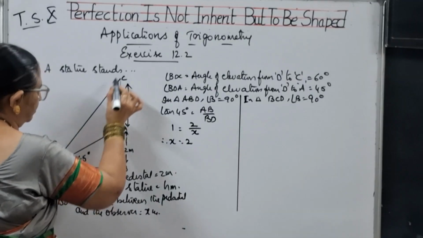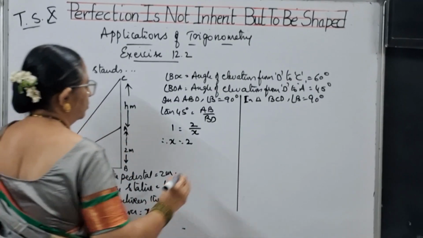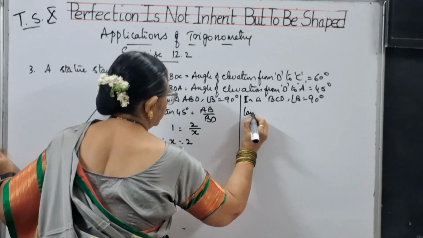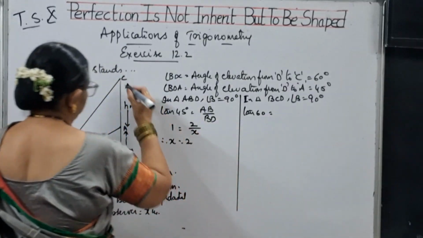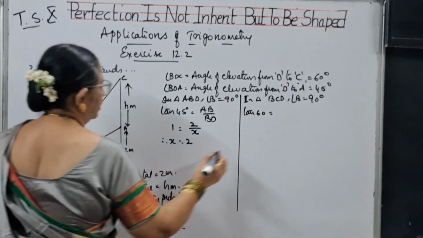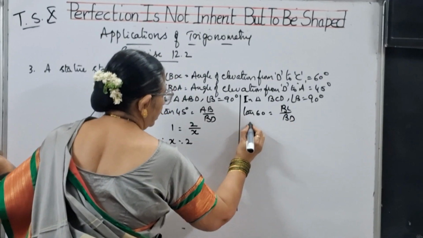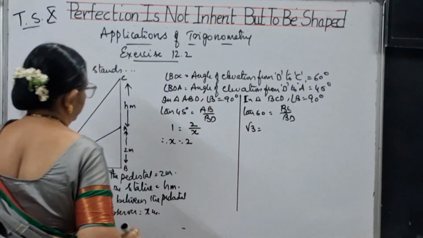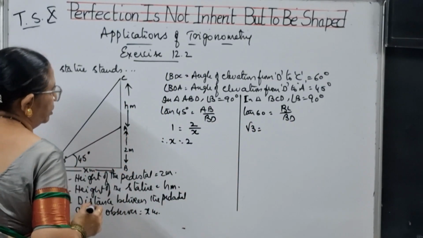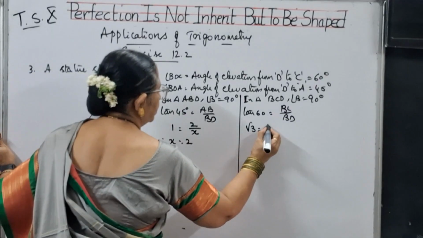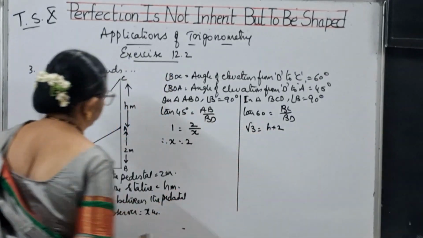So tan 60 is equal to BC by BD. Tan 60 is root 3, equal to BC by BD. What is BC? It is nothing but h plus 2.